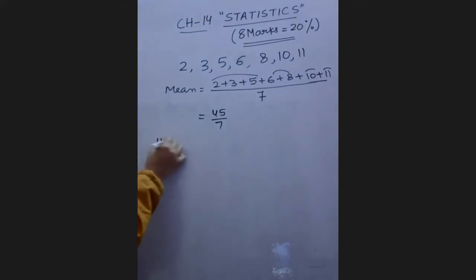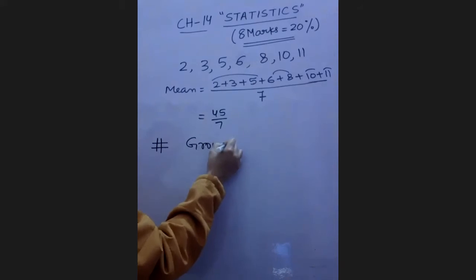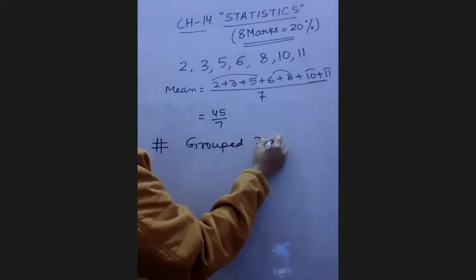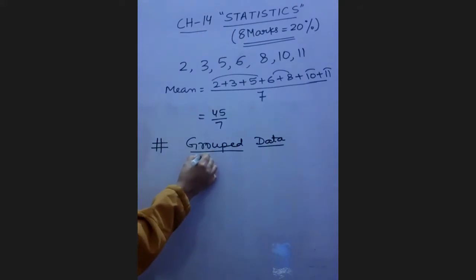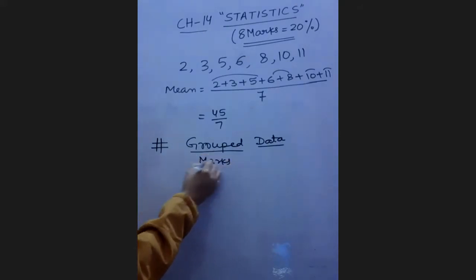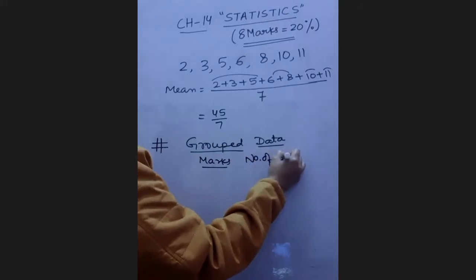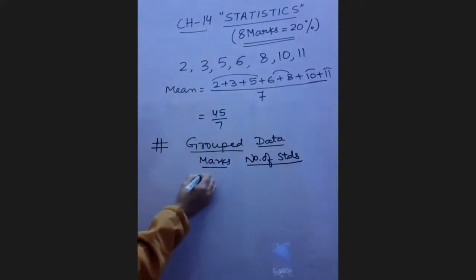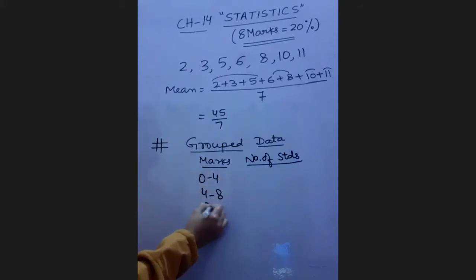Let us convert this to group data. If I want to convert this to group data, what will happen? Let me make some intervals. This is marks, this is number of students. Let me make 3 intervals: 0 to 4, 4 to 8, 8 to 12.